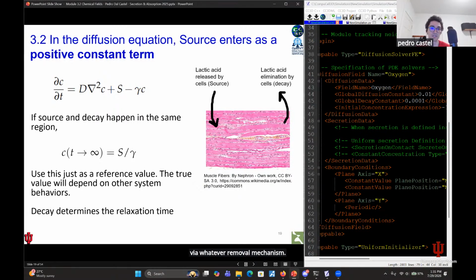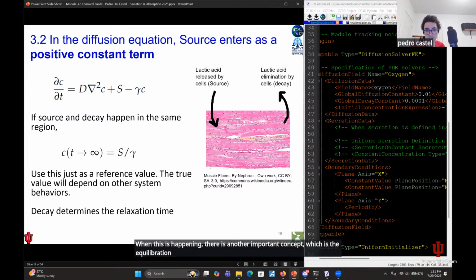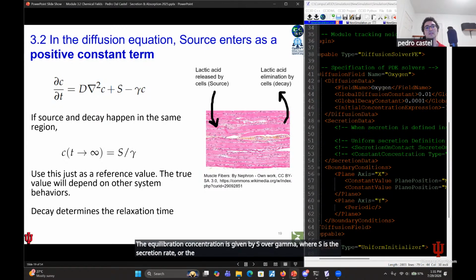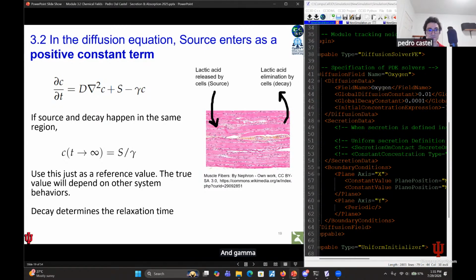When this is happening, there is another important concept, which is the equilibration concentration. The equilibration concentration is given by S over gamma, where S is the secretion rate or the source rate, and gamma is your decay.